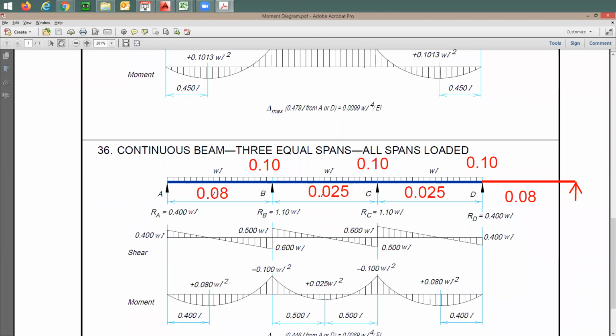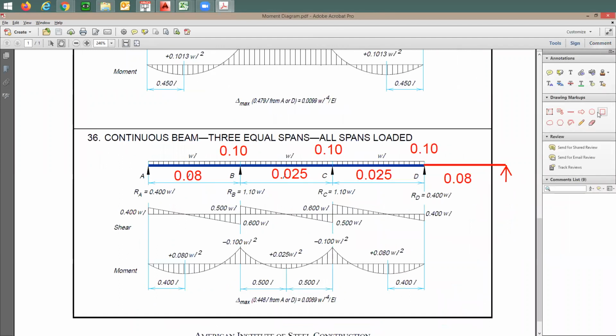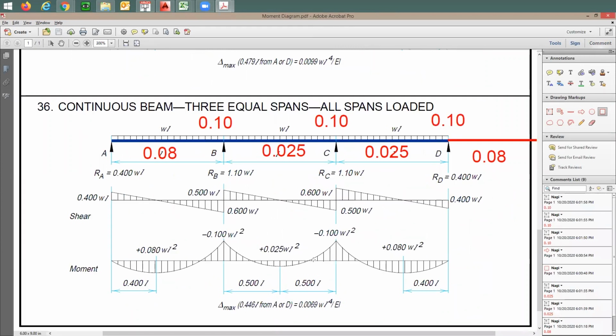How much is the maximum moment in this case? Yes? Exactly. Thank you, Eddie. How about the positive moment? What is the maximum positive moment? It's going to be this number here because this number is higher than this number.